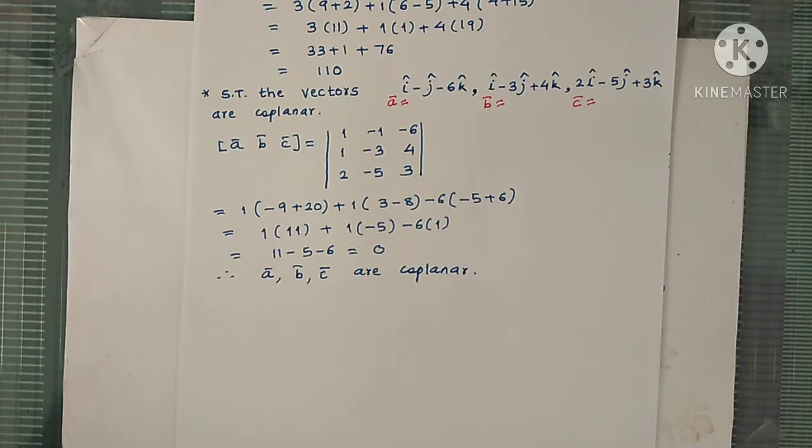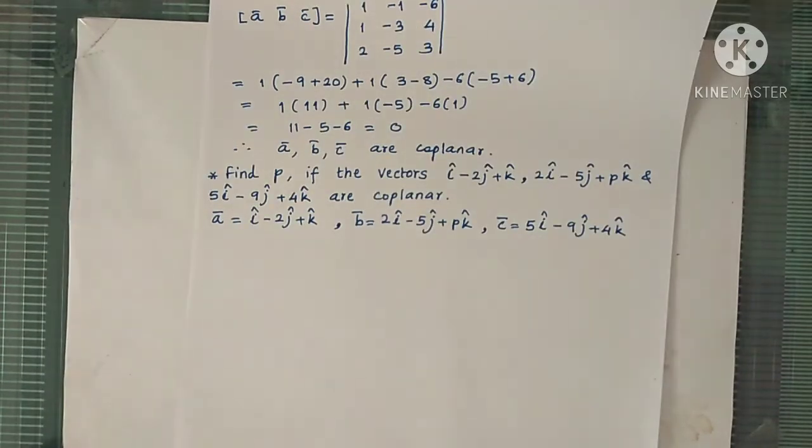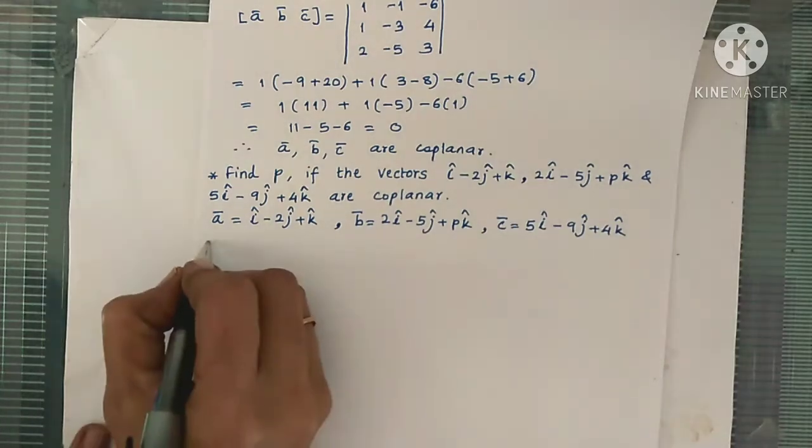It's really very easy. Now in this question, the vectors are given coplanar and we have to find the value of the unknown p. So the vectors here are given and let's write those vectors as A bar, B bar and C bar. So denoting those vectors as A bar, B bar and C bar, let's write the reason first.